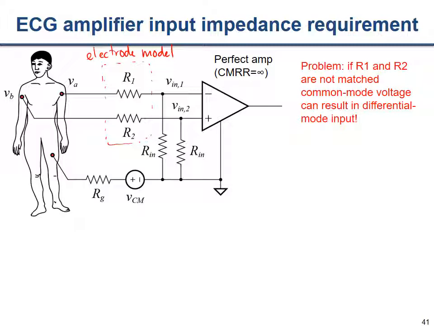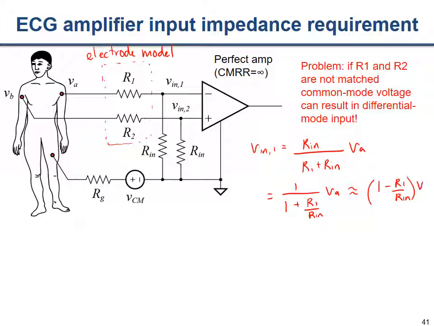So what happens? Let's calculate Vin1. This is going to be equal to Rin divided by R1 plus Rin, where Rin is the input impedance of the amplifier, times VA. We can do a little bit of algebra here: 1 over 1 plus R1 over Rin times VA, which is approximately equal to 1 minus R1 over Rin times VA, if Rin is much greater than R1, which is typically what we'll want to design our systems to be.